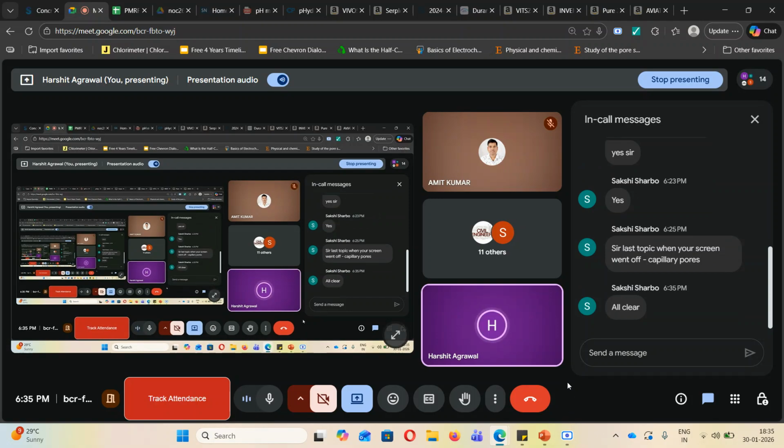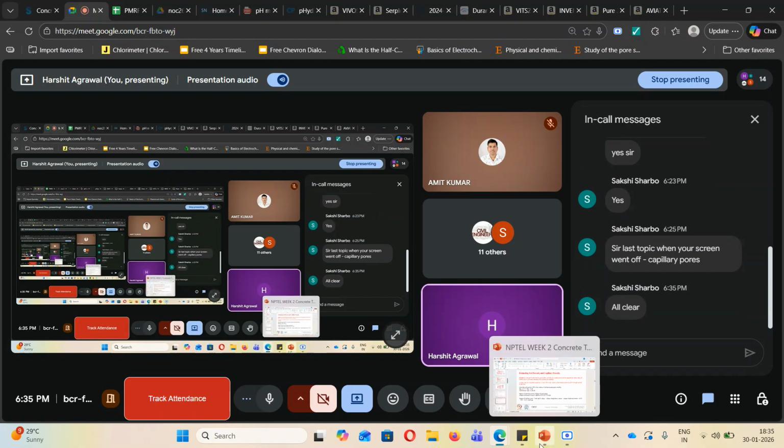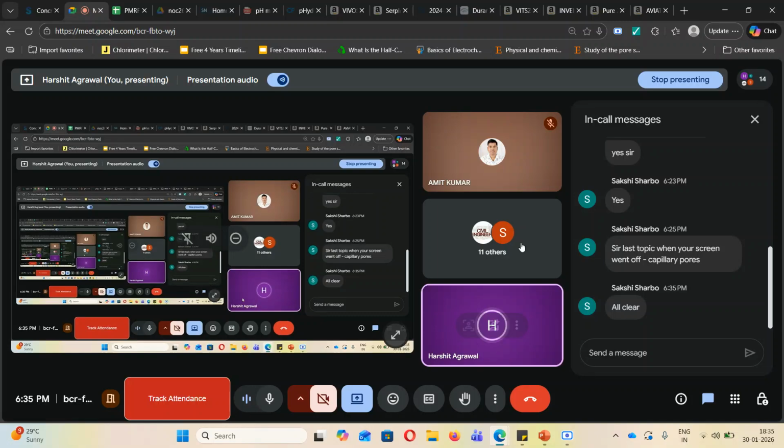Anyone else have any doubt? If you have any doubt, you can unmute and speak also, so that in between the lecture, on the same slide on which you have doubt, you can ask, rather than waiting for me to stop my class and then see the chat box.